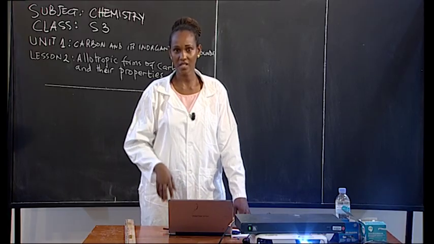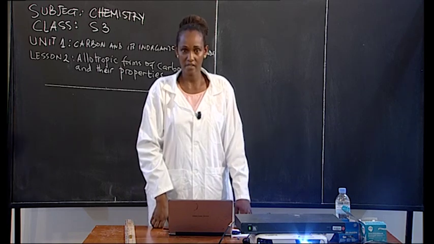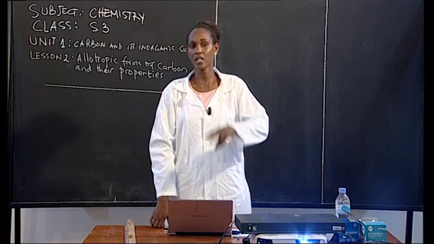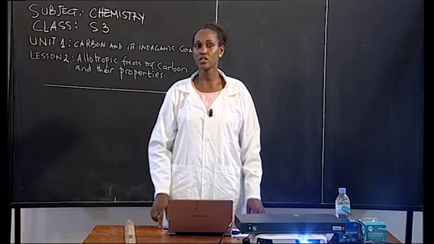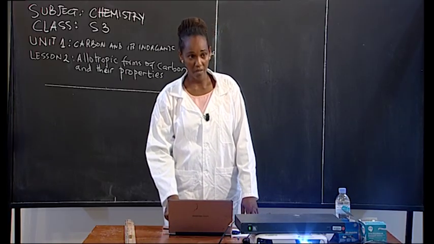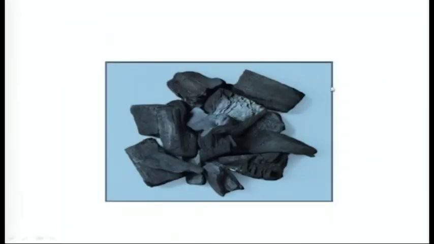I've been emphasizing that. But we have seen how charcoal is made, and we have seen that charcoal is among the non-crystalline forms of carbon. So tell me, can any one of you describe the structure of the charcoal you're seeing there? Does it have a shape? I've been talking of diamond, graphite, diamond being tetrahedral, graphite being hexagonal.